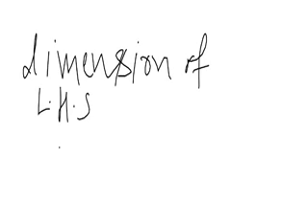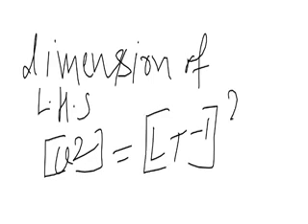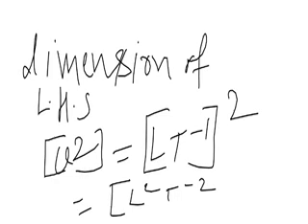Dimension of LHS, that is final velocity, that is LT to the power minus 1 and whole square, it becomes L square T to the power minus 2. Squaring it, the minus sign is not removed, it is T square only.